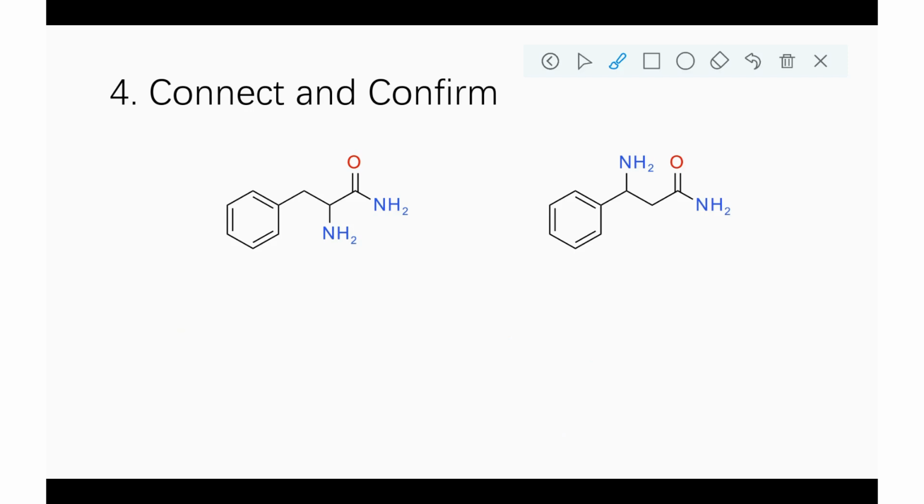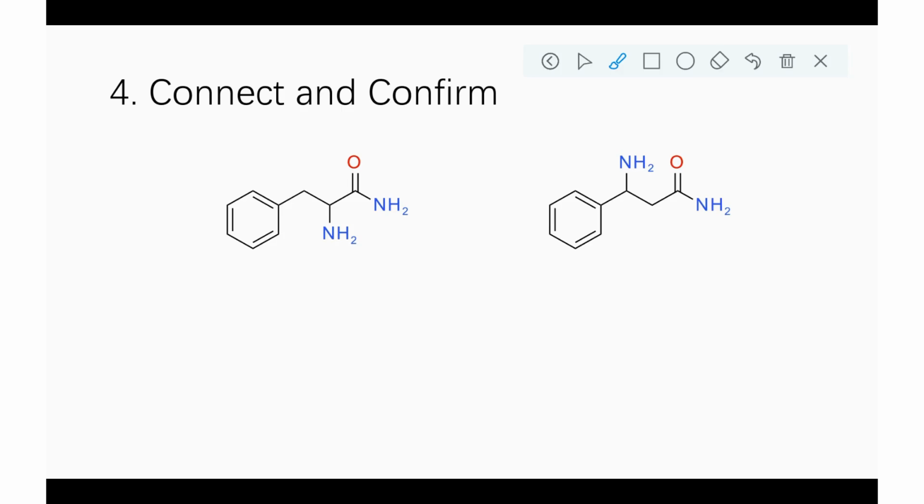But for structure 2, we can count the carbons, and this one is alpha, beta, and gamma. So there's no hydrogen on the gamma carbon, so it's not going to have a rearrangement. But if we look at the carbonyl group and count the carbons, from here is alpha, beta, gamma, and there's no hydrogen on the gamma carbon, so it's not going to have a rearrangement.